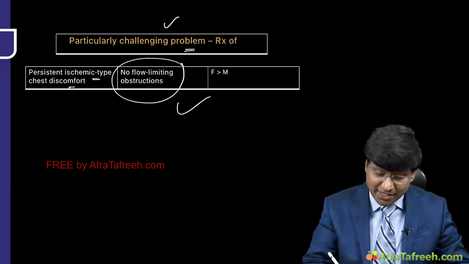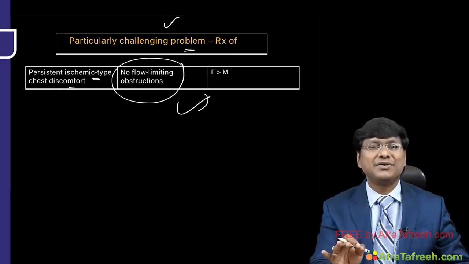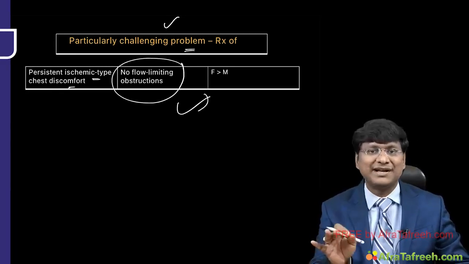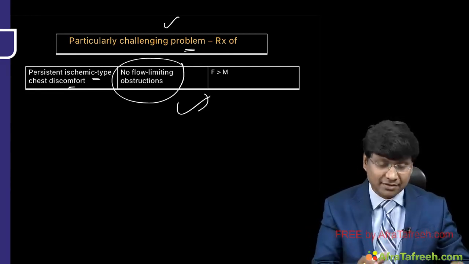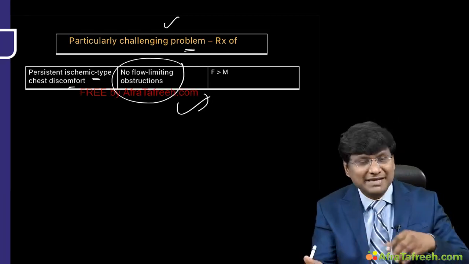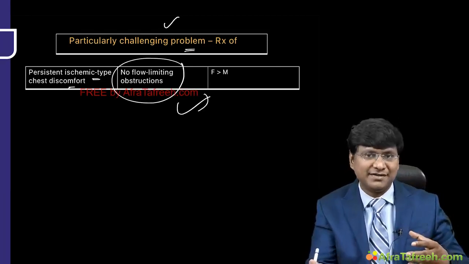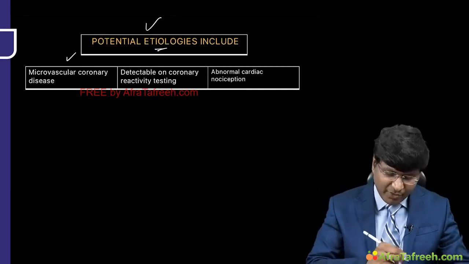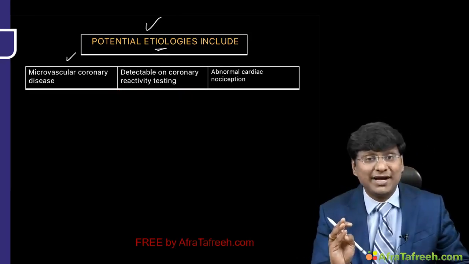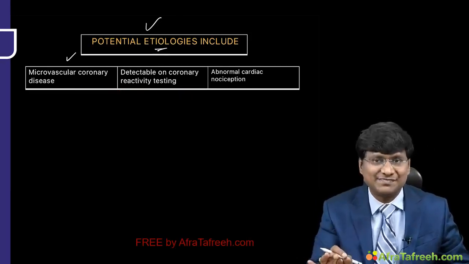And where do you come across this particular scenario? You come across this scenario more in females than males. Now, why does this occur? There is no flow limitation, but there is ischemic type of chest pain. The potential etiologies include, number one, microvascular coronary artery disease.